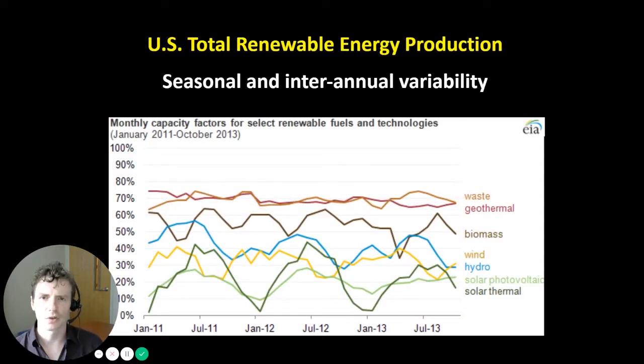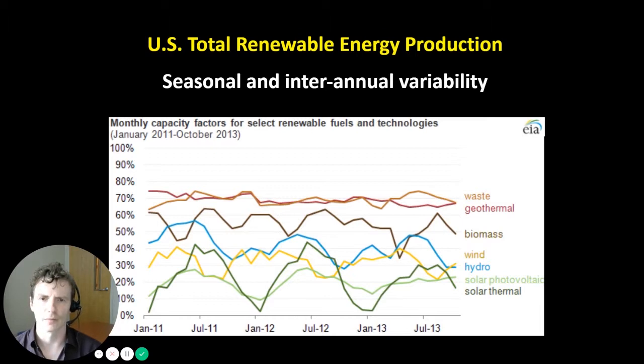So this figure shows seasonal and interannual variability in different types of renewable energy. And I'll just sort of call your attention to wind and solar in particular. So wind here is shown in gold, and solar PV is shown in light green. And what you can see here is a pretty clear seasonality.